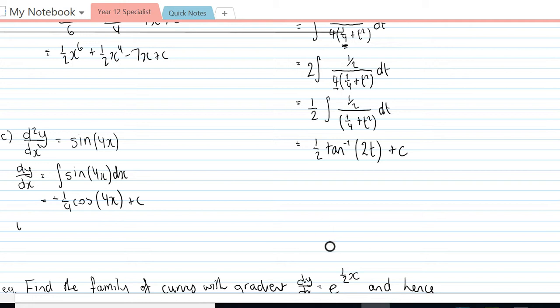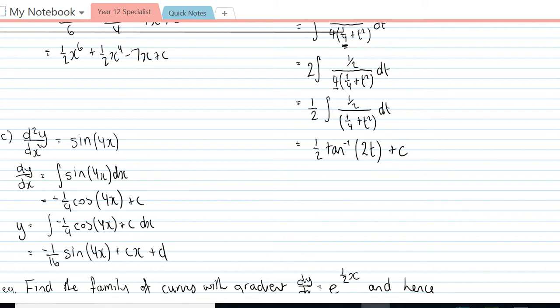Then from there I can get y by anti-differentiating again, and that's going to give negative 1/16 sine of 4x plus cx, and then I also need to have plus d because I anti-differentiate again, so I'm going to have to introduce another variable there. So these are the three general solutions to these problems, again noticing that they always have those c and d variables there.